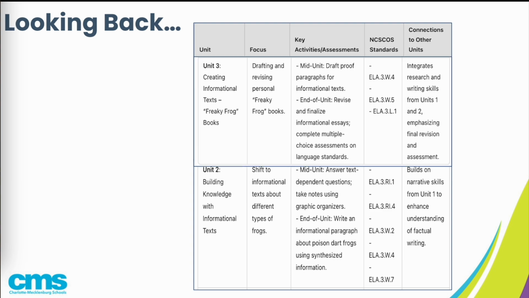Unit 3 is all about integrating the research and writing skills from both Units 1 and 2 and emphasizing the final revision and assessment. This all pulls together in their performance task.